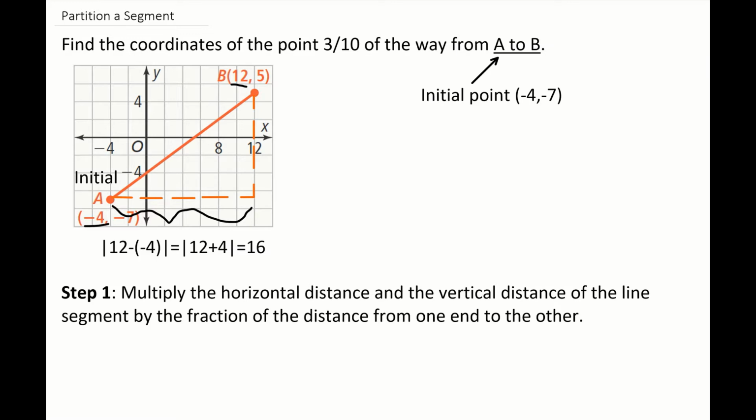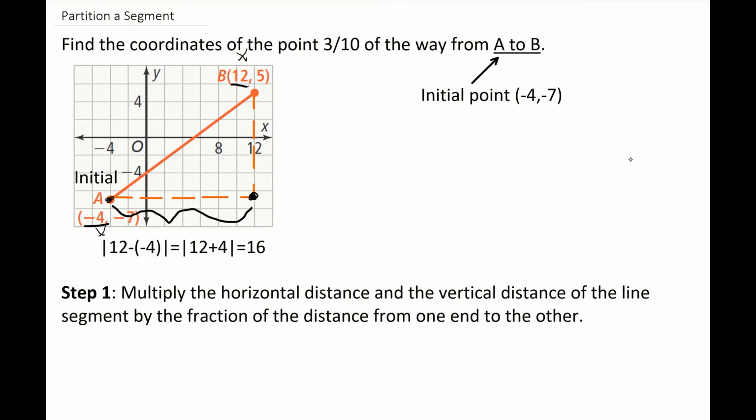Now we know that the x-coordinate here for A is -4. And the x-coordinate for B here is 12. Remember that the x-coordinate is the first coordinate, the first number in the set of coordinates, right? The ordered pair. And so the distance in the x is from -4 to 12.